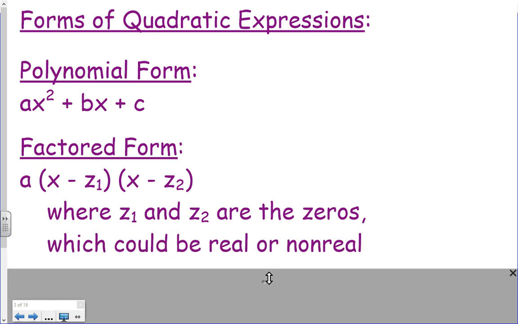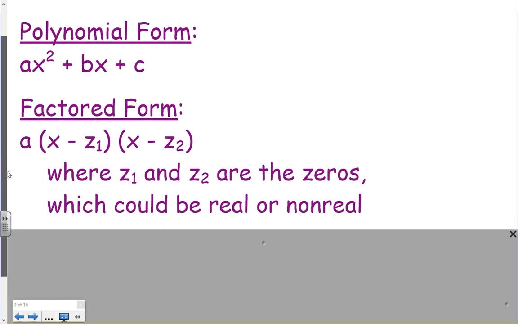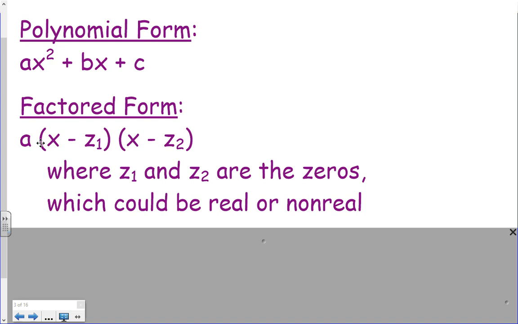The second form is the factored form. This is a very helpful form if we're trying to find the zeros, for example, of a quadratic function. Then getting it into the factored form is really nice. The factored form would be a times x minus z1 times x minus z2, where z1 and z2 are the zeros.